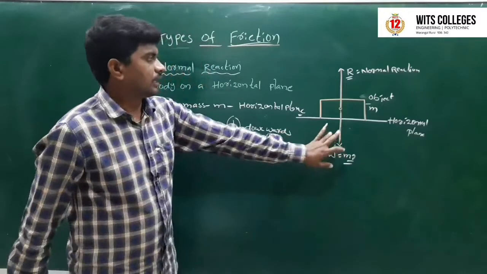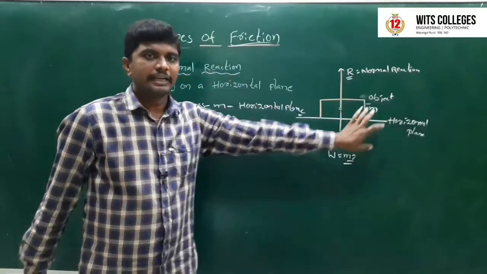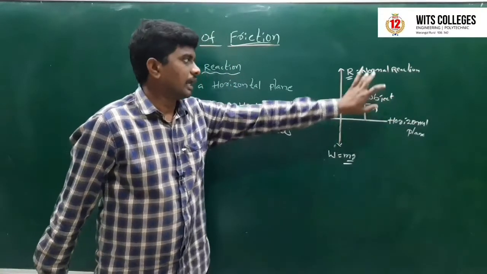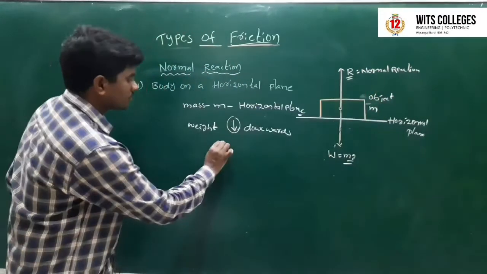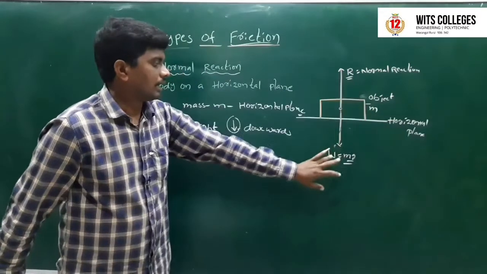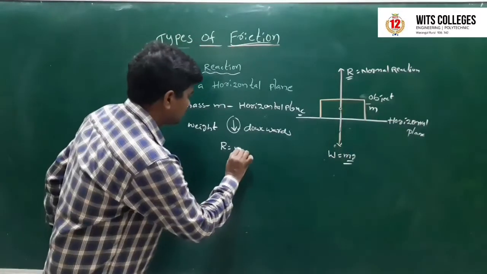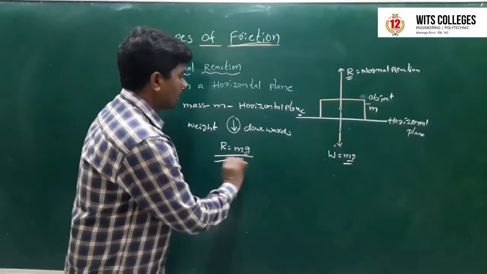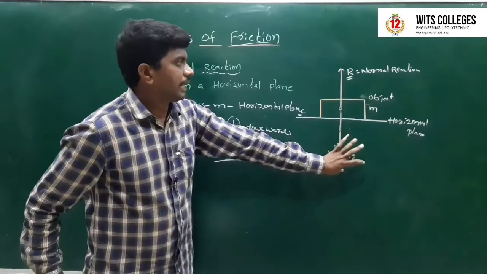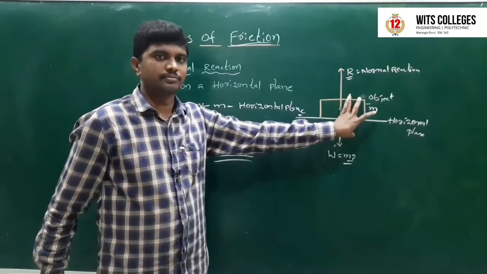The normal reaction R is exactly equal to the weight, mg, but in the opposite direction. The normal reaction and weight are in opposite directions.